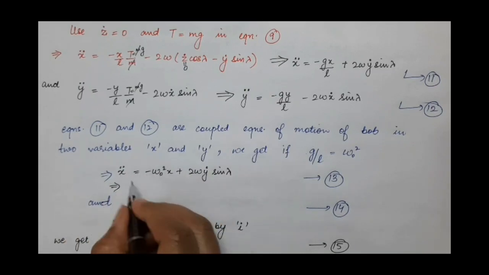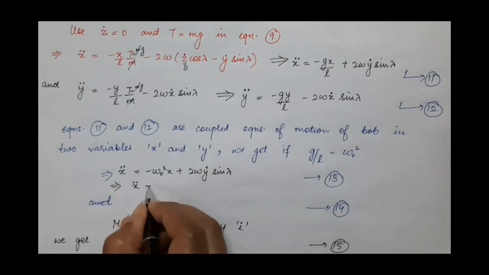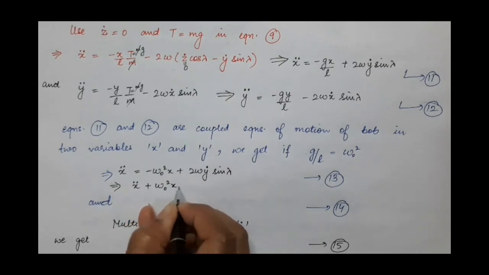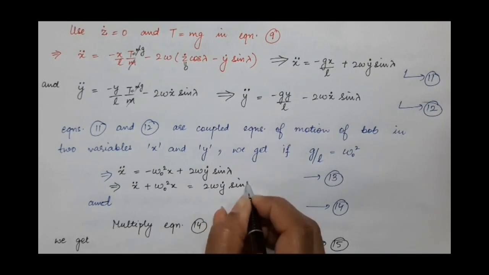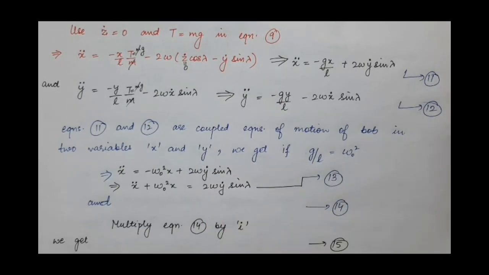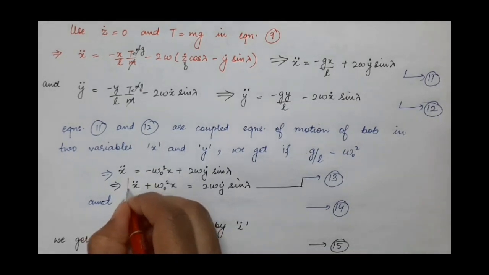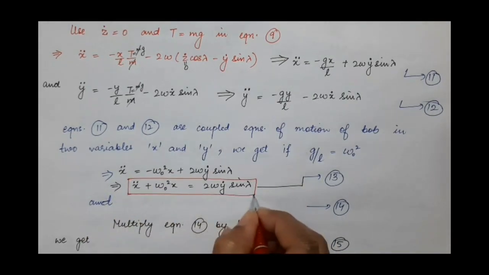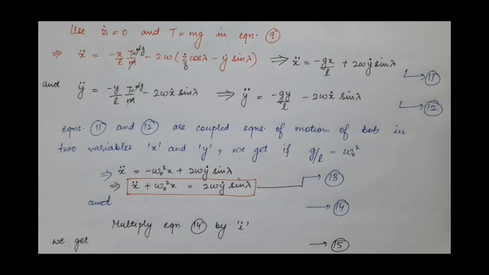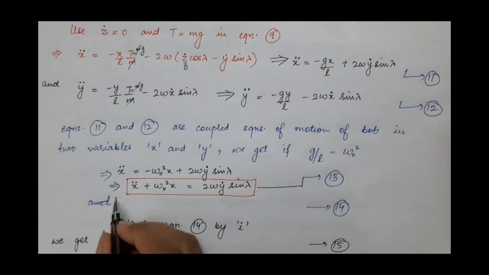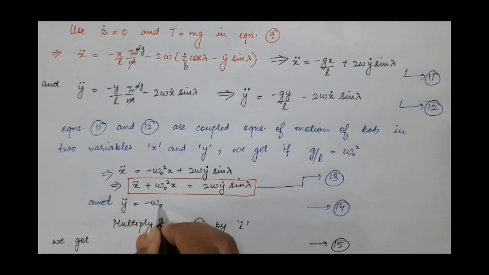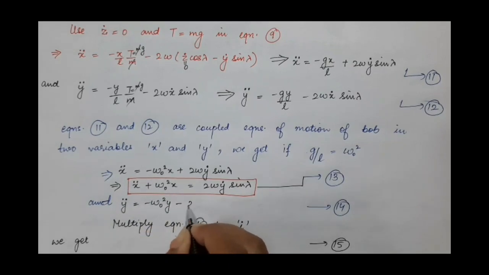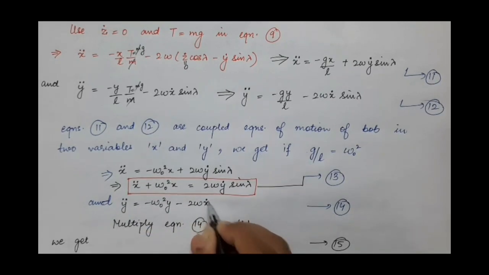Move this term to this side and you will get x double dot plus omega naught square x equal to 2 omega y dot sine lambda. And suppose this equation as equation 13th. Similarly, put g by L equal to omega naught square in this equation 12th, and you will get y double dot equal to minus omega naught square y minus 2 omega x dot sine lambda.